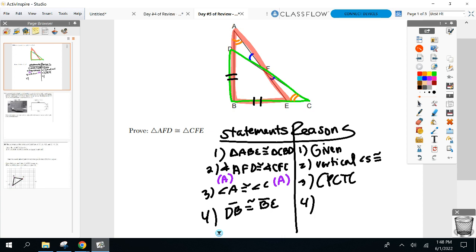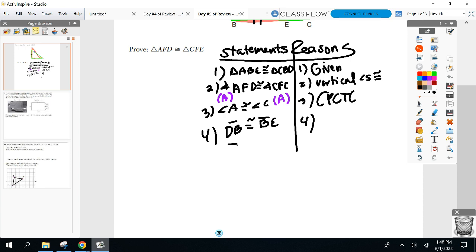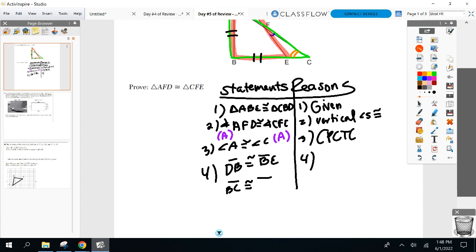Jonathan, you got something for me? We know BC and AB are congruent. Does everyone agree with Jonathan's statement? BC in my green one, congruent to BA in my red one. BC and AB.